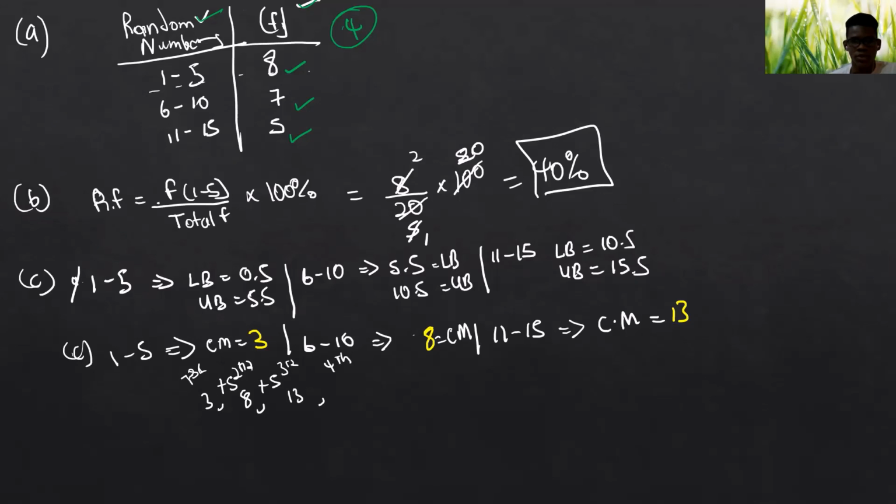All right, so 5 plus 3 will give us 8, 8 plus 5 is 13, and 18. You guys see what I'm talking about? Raise your hand if you get what I'm saying with the class midpoint pattern. So I'm sure you guys are following. All right, so that's the pattern with the class midpoint.